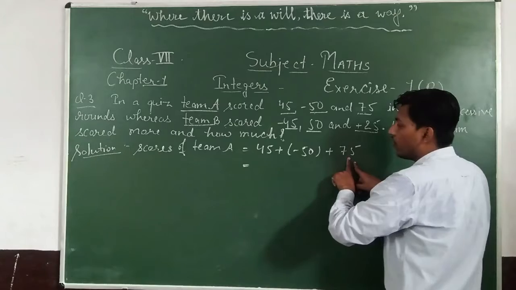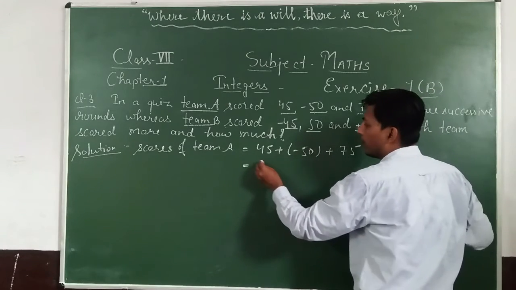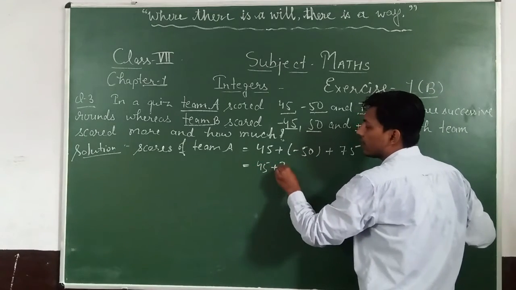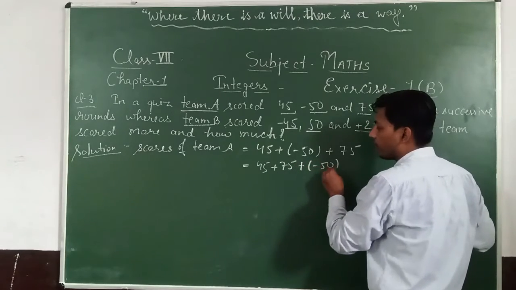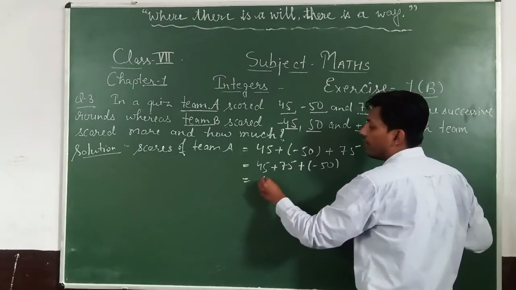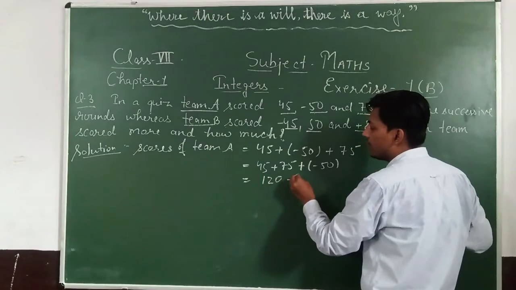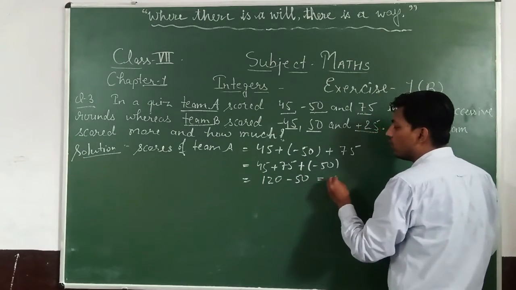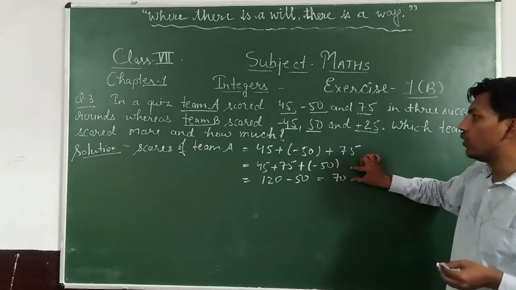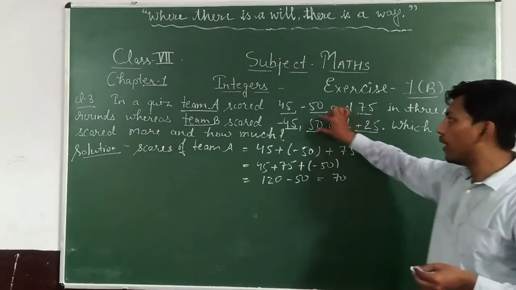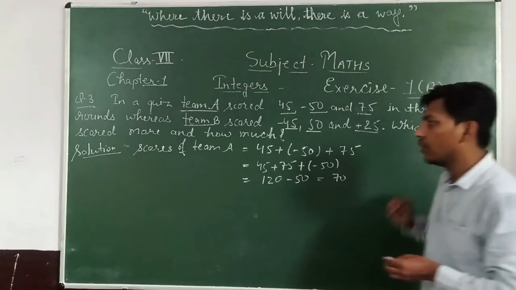Take 45 and 75 together and after that minus 50. 45 plus 75 is 120, minus 50 equals 70. So the final score scored by team A is 70.